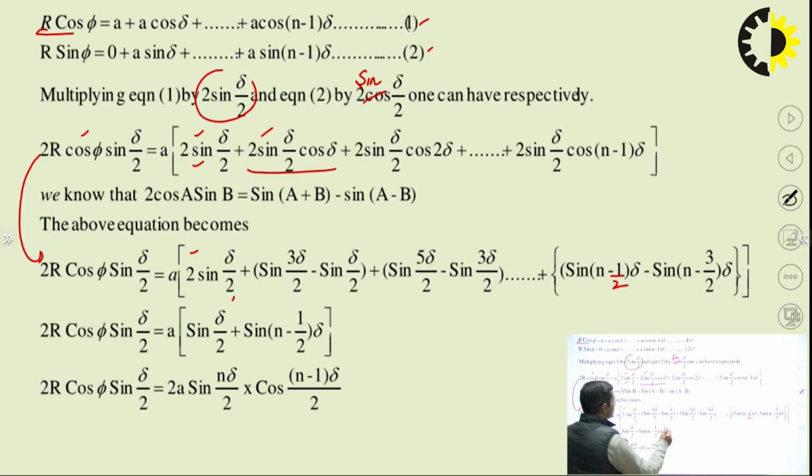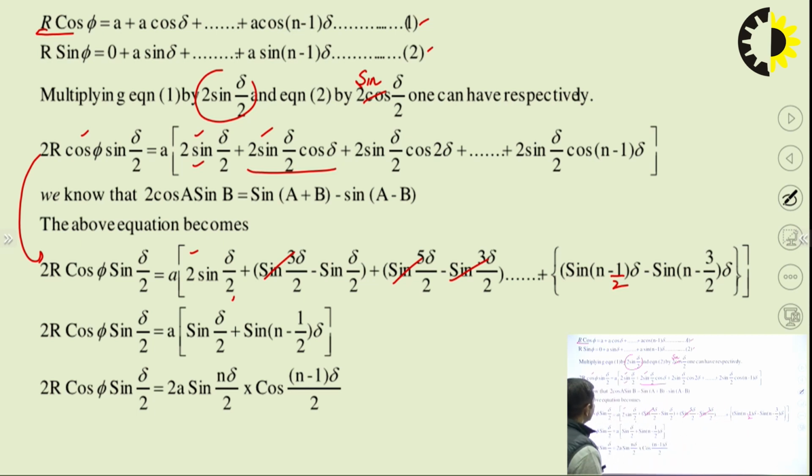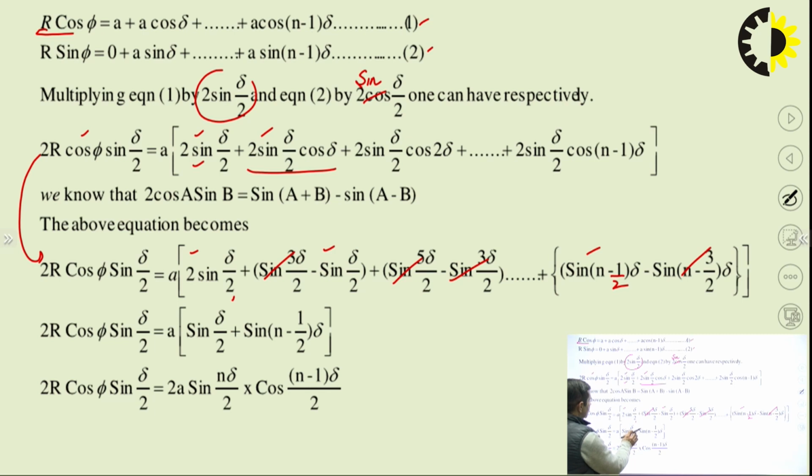If we simplify, you can see that these terms cancel out, and finally we are left with the remaining terms. So after simplifying, 2R cos phi sin delta by 2 equals A times sin delta by 2 plus sin (n minus half) delta, and then again we use the sin A plus sin B formula.